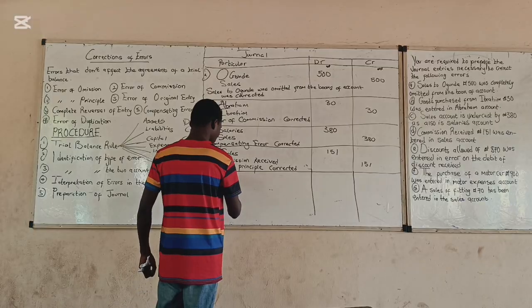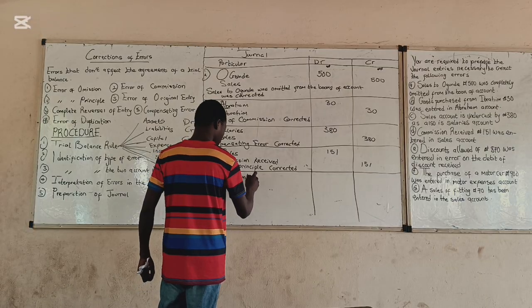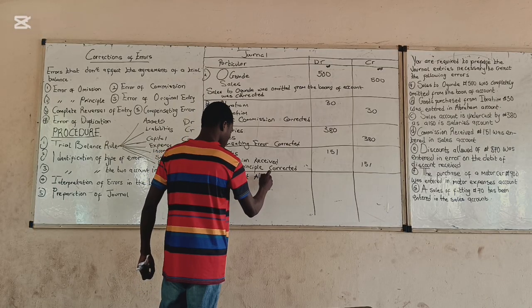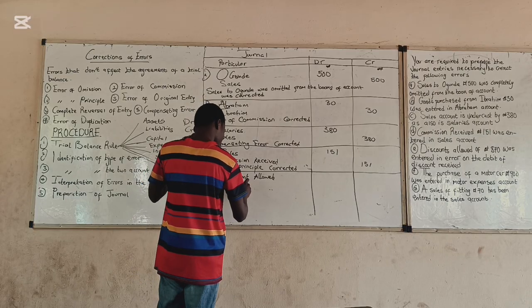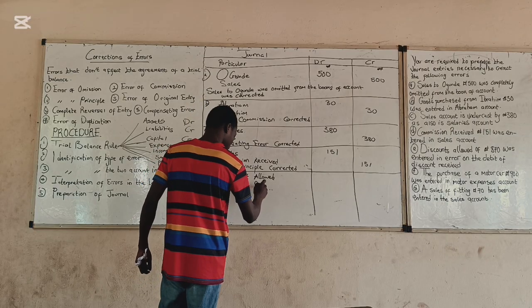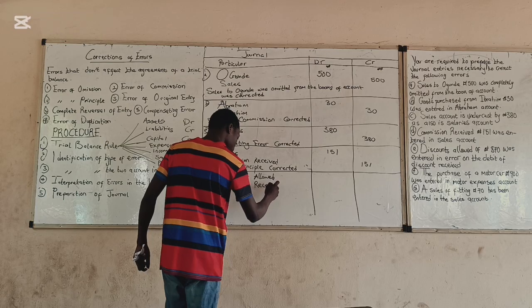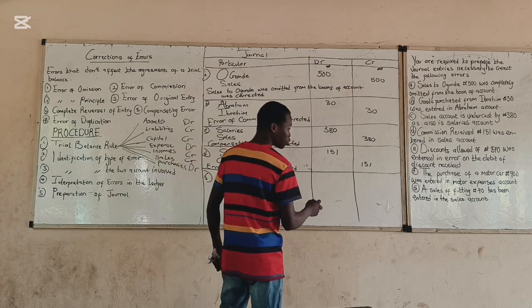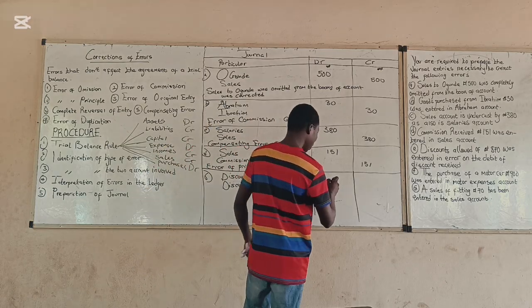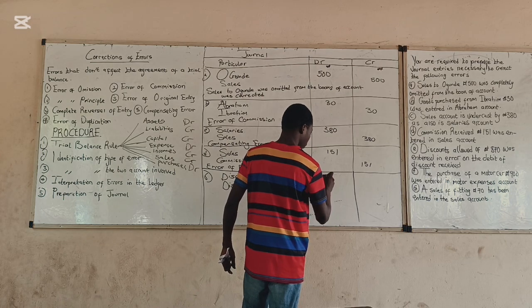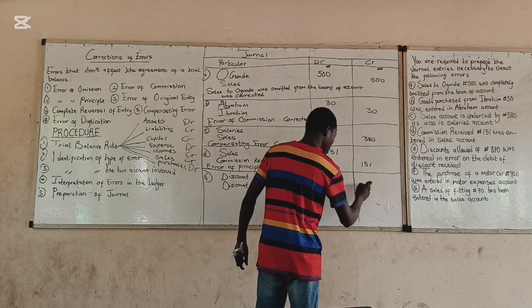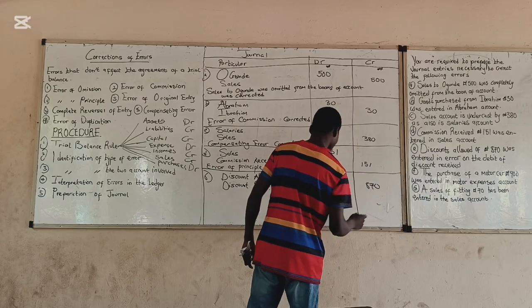So we have discount allowed and discount received. As I said, you debit the discount allowed, which is 870. Then the other one, which is discount received, 870.